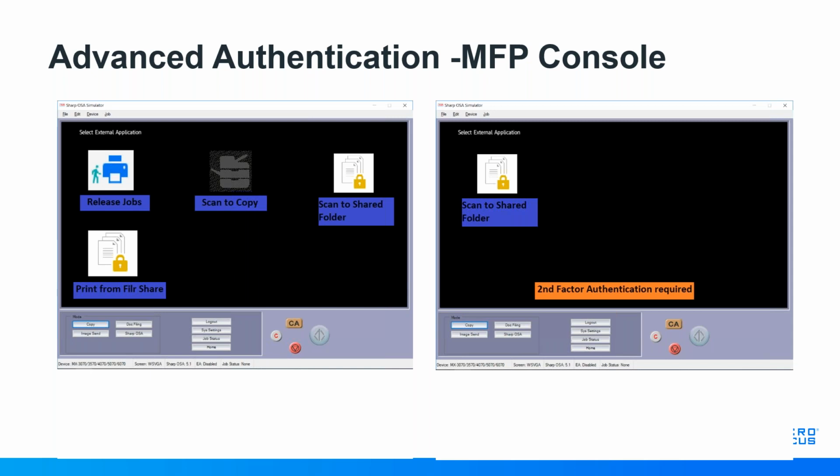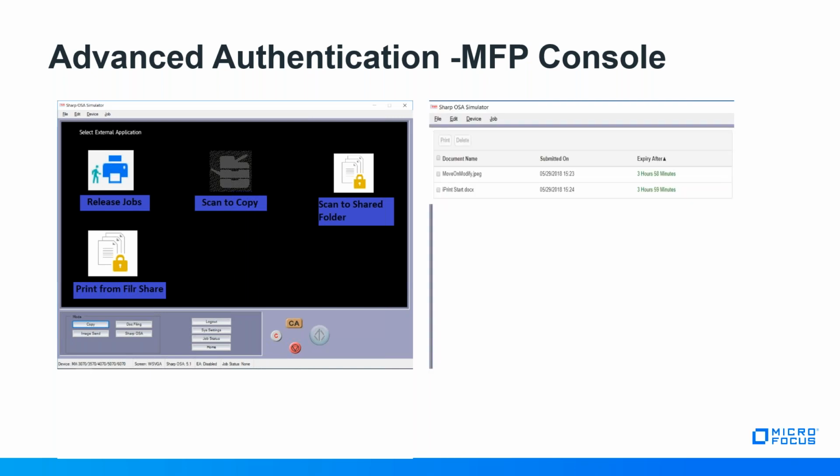So what we are looking at here is a very different experience that we can provide on top of a multifunction printer: the combination of print and advanced authentication. There can be second factor implementation as and how the admin chooses. Of course, if you choose release jobs, you would not require a second factor.